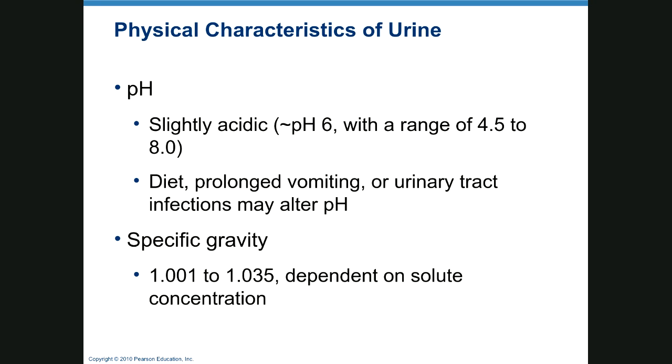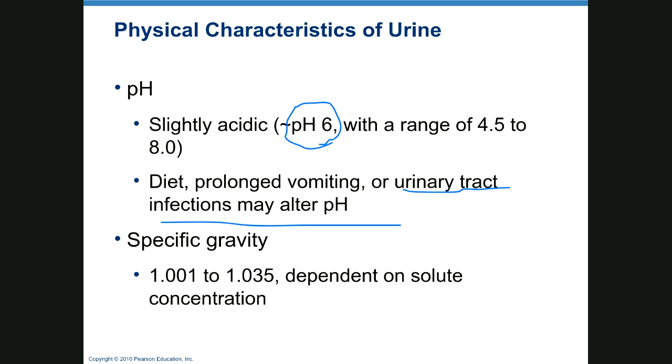Urinary tract infections tend to cause a more alkaline urine. And an alkaline urine favors the formation of kidney stones, so it's not to be desired. More acidic urine helps prevent kidney stones and infections, so it's actually desirable to have a more acidic urine.